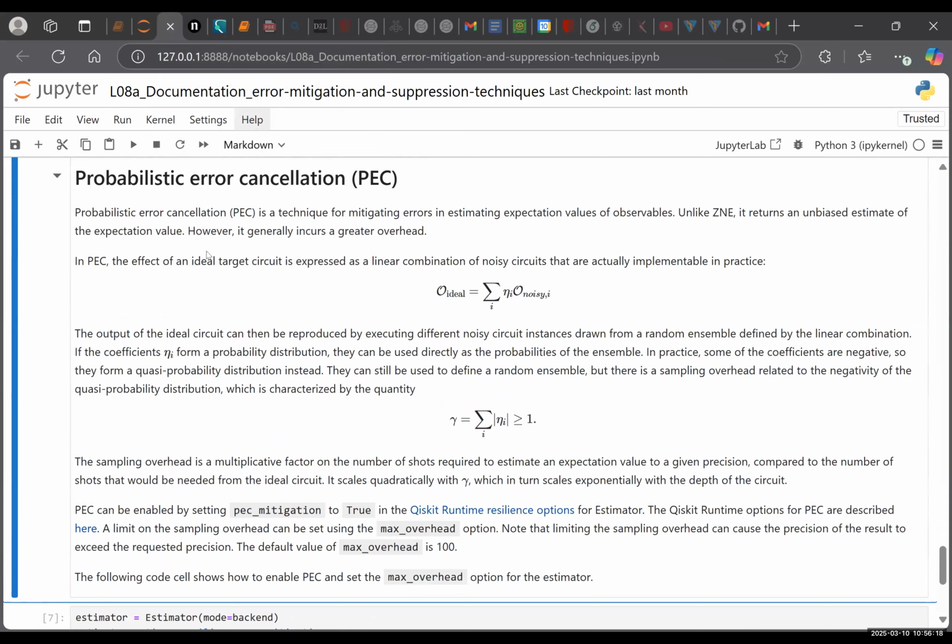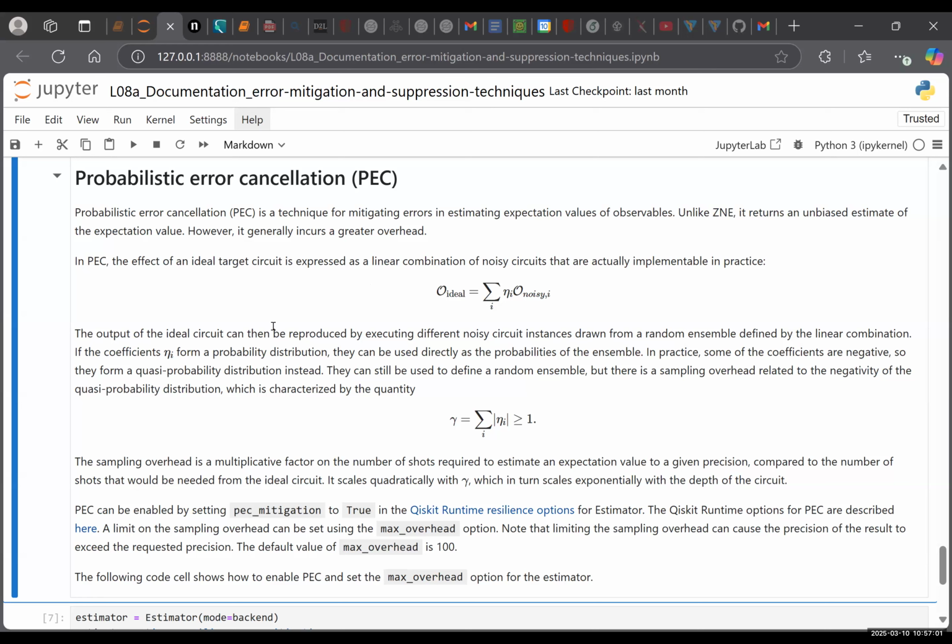This is also proposed by IBM's group. It's called probabilistic error cancellation. Unlike ZNE, it returns an unbiased estimate of the expected value. However, it generally incurs a greater overhead. So in probabilistic error cancellation, the ideal target circuit is expressed as a linear combination of noisy circuits. So these are the observable ideal, and then this noisy one.